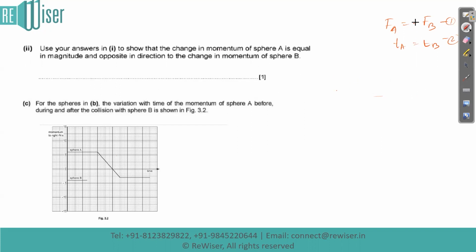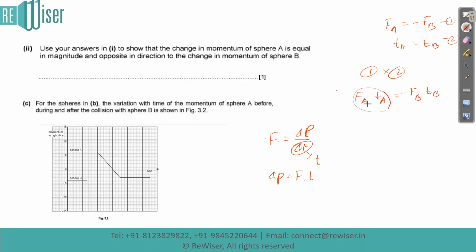Now, these are two equations. I'll just multiply equation 1 with equation 2. So Fa into Ta is equal to minus Fb into Tb. Now, force is equal to change in momentum with respect to time. Let us consider the time interval is any time t. So del p is F into t, right?